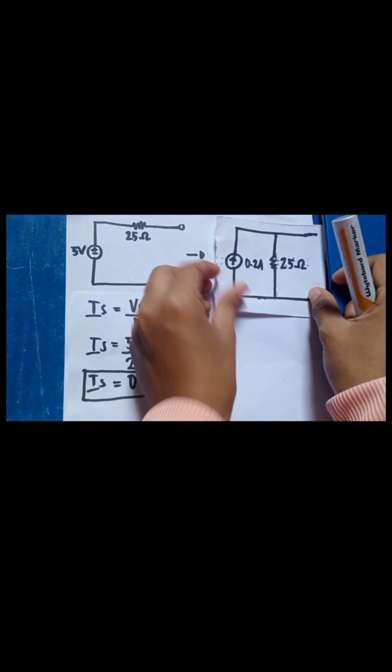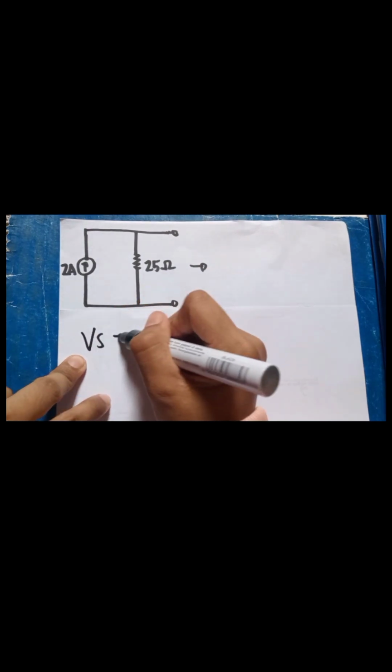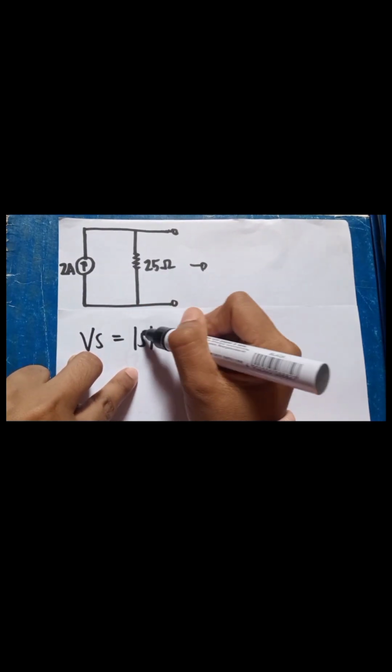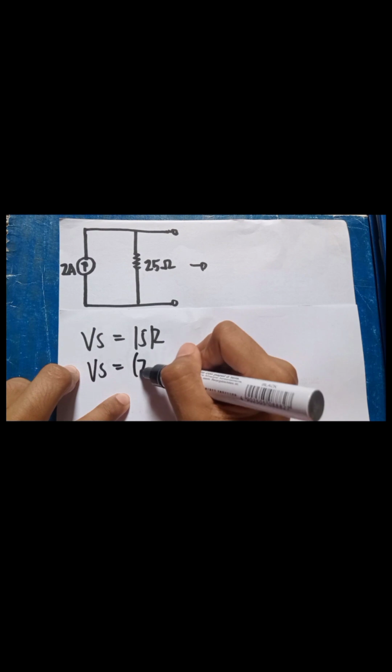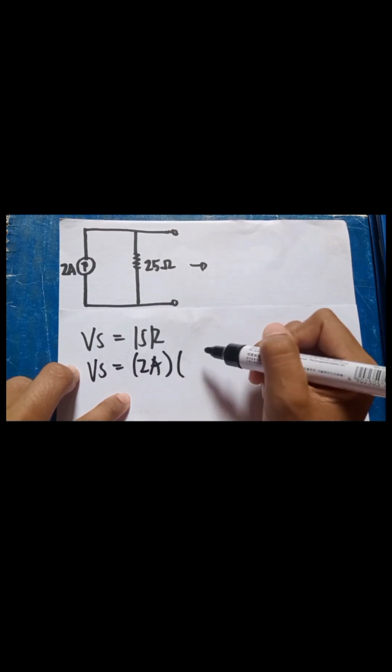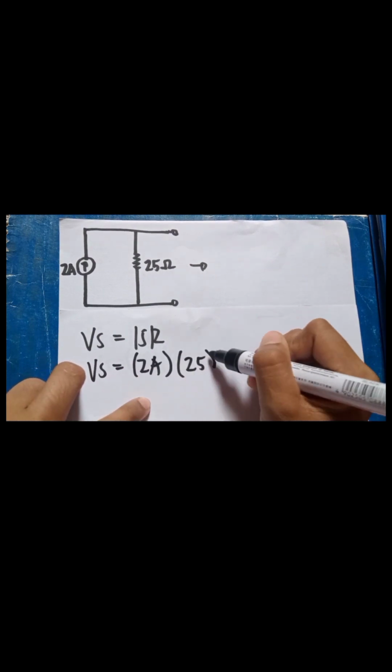If we transfer it to a current source, the current source would be like this. Now, we have a current source here. So we are going to transfer it to a voltage source using the formula of Ohm's law, which is VS is equal to IS times R. VS is equal to the value of IS, which is 2 amperes, times the value of R, which is 25 ohms.